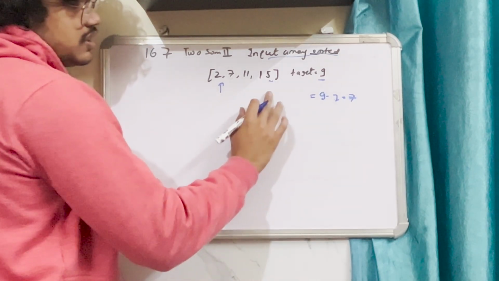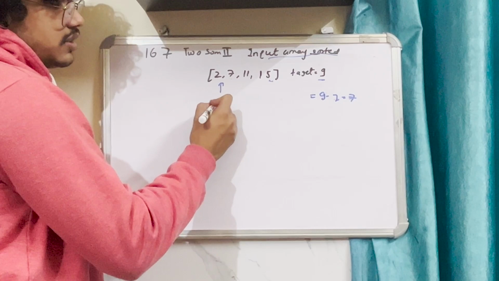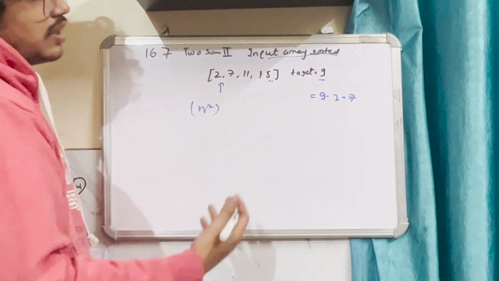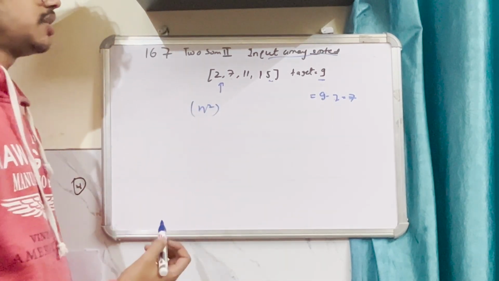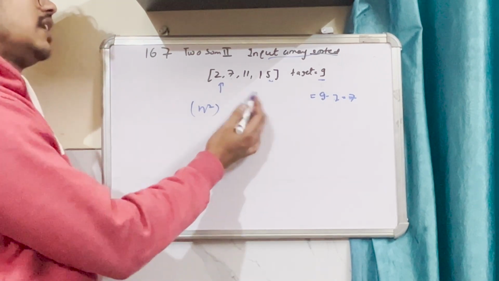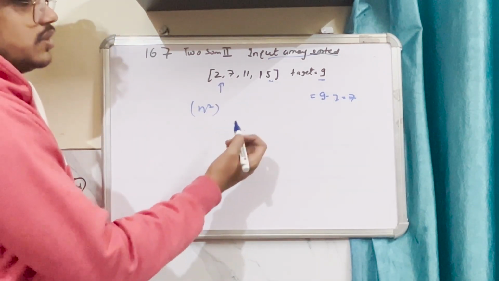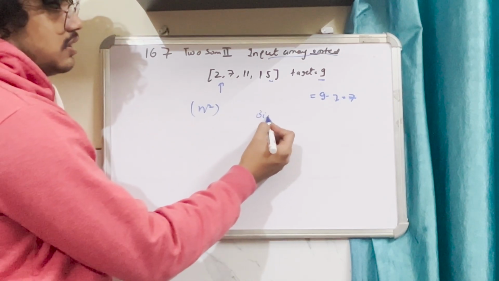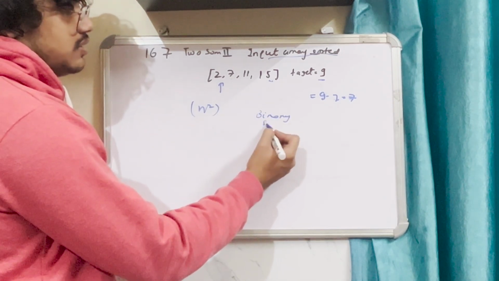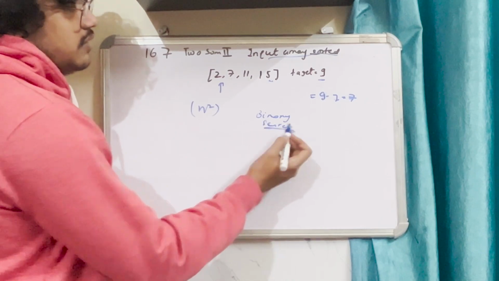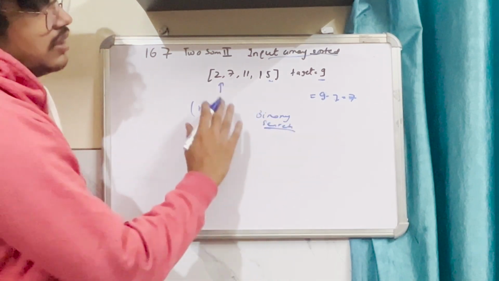You can do a linear search, which gives a time complexity of big O of n squared overall, or rather, if the array is sorted, which algorithm do you use to search for any element? Use binary search. You can use binary search to search for the 7.